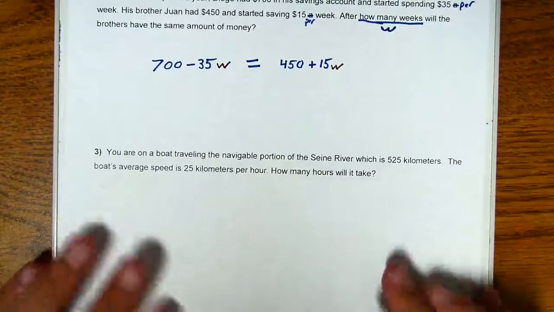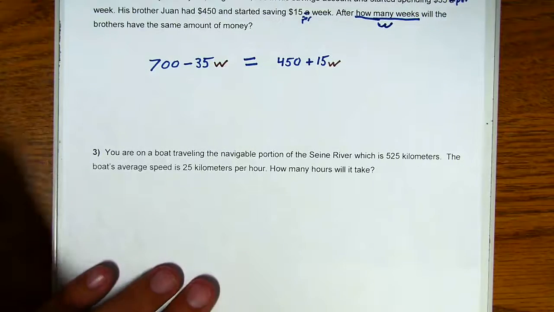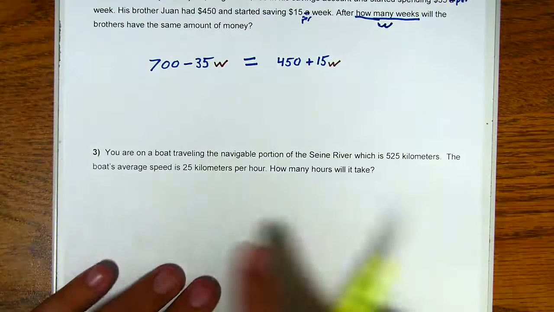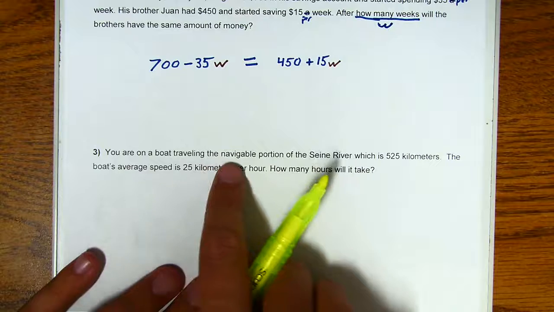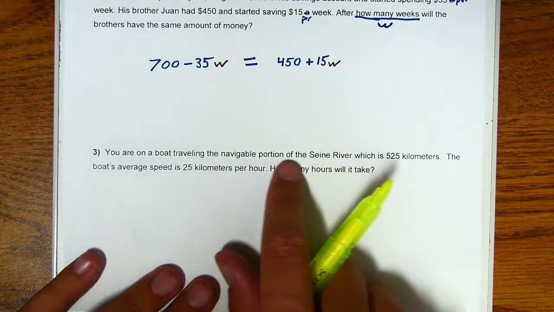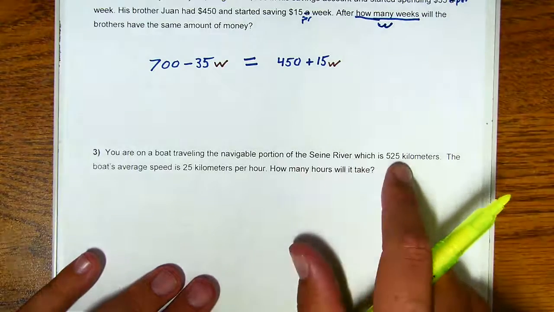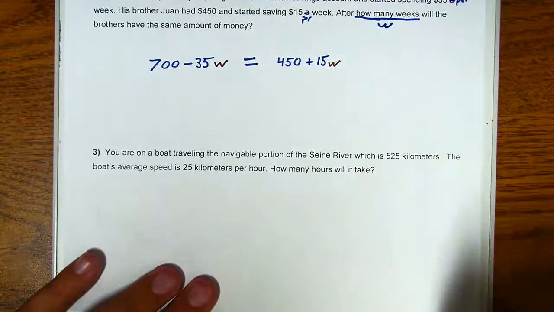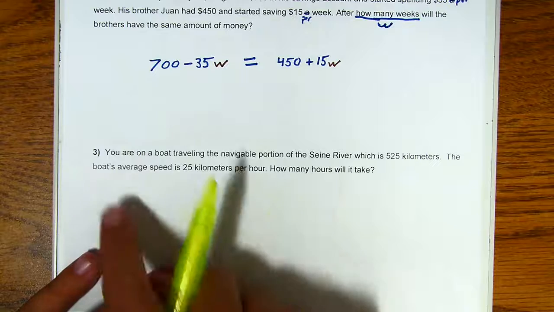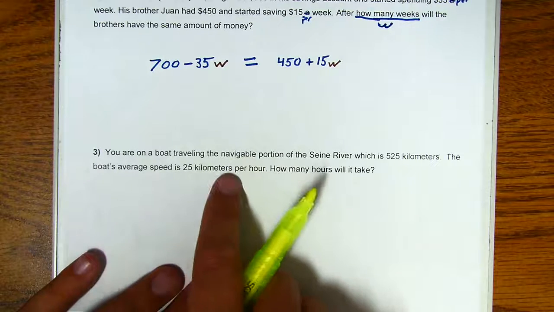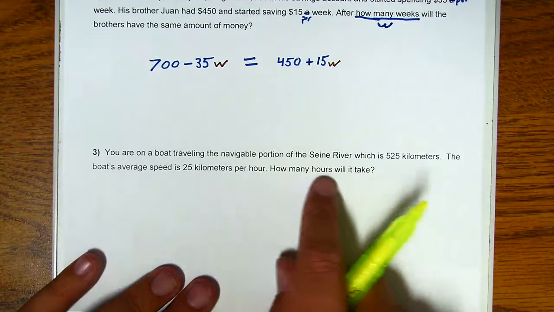Now I want you to try to set up the equation for 3 on your own. You are on a boat traveling the navigable portion of the Seine River, which is 525 kilometers. This is in France for anyone who wants to know. The boat's average speed is 25 kilometers per hour. How many hours will it take?